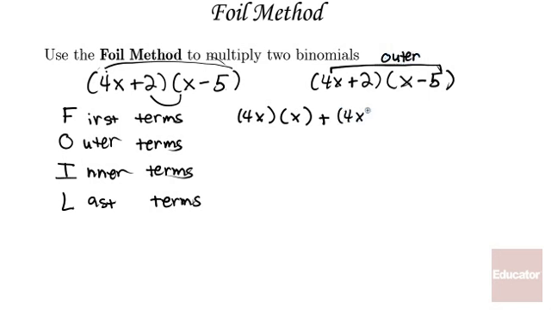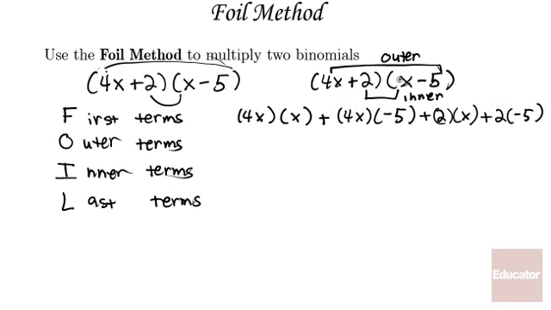That's 4x times negative 5. Then I'm going to multiply the inner terms. So the inner terms are 2 and x. And finally, I'm going to multiply the last terms, 2 and negative 5.